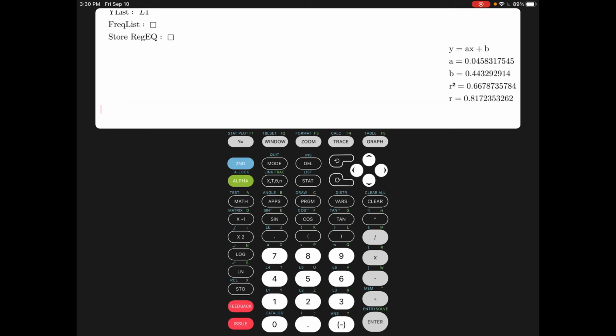It seems weird, and that's because we're doing it the other way around. I press enter. Notice the correlation doesn't change, but the equation sure does. The a value is 0.0458 and the b value is 0.443. It says y equals ax plus b, but we switched those lists around, so we're actually going to get x equals ay plus b.